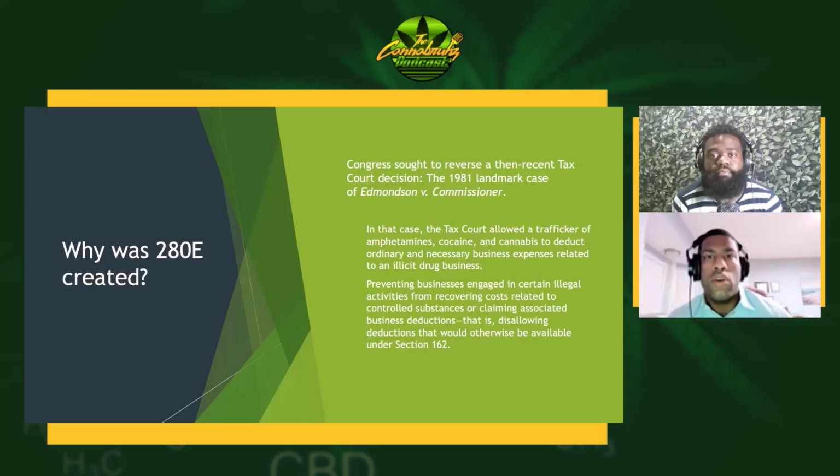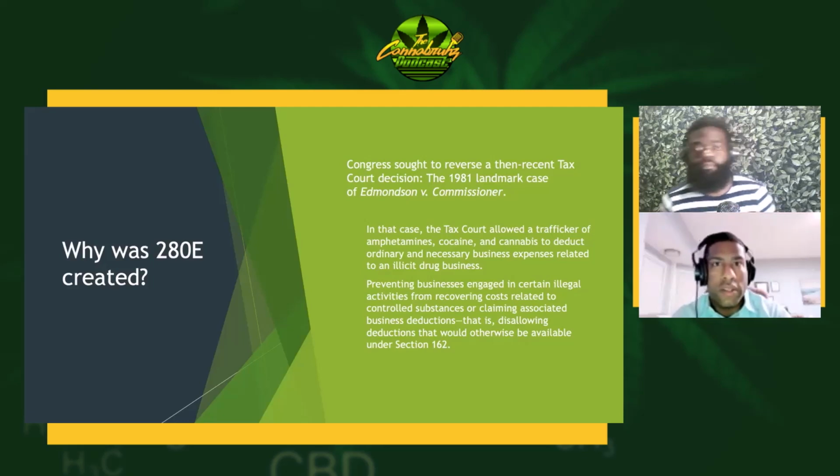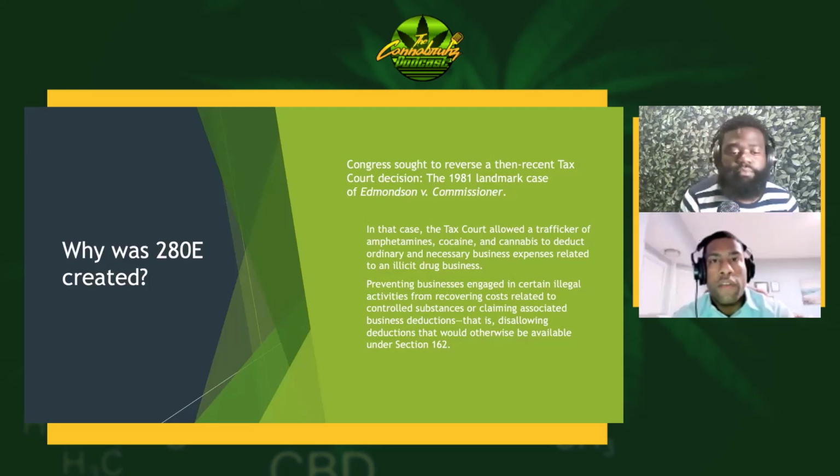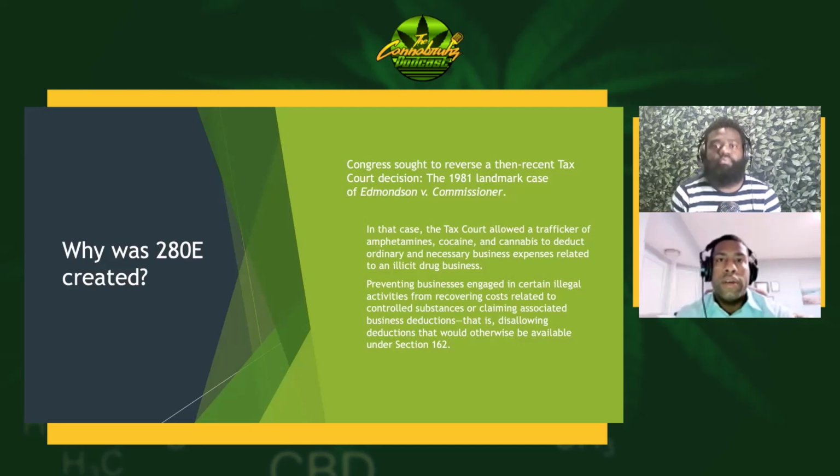And just so you understand what 162 is, specifically 162(a) is telling you that businesses can write off necessary and ordinary expenses in the trade of their business. So this is the tax code that allows businesses in general to write off their expenses.